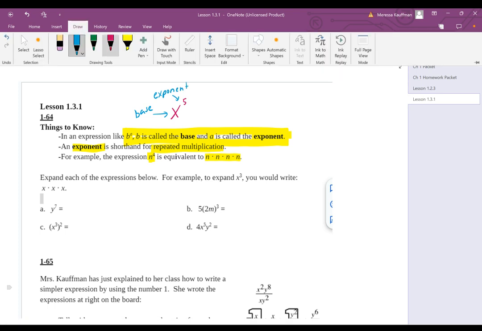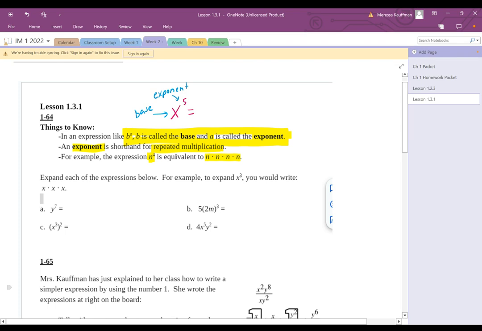And if I want to expand this out, x to the fifth, it means x times x times x times x times x. Those are a lot of x's, right?